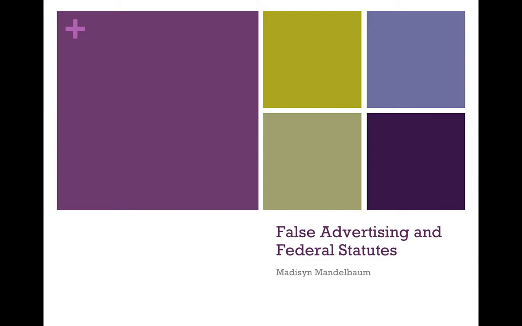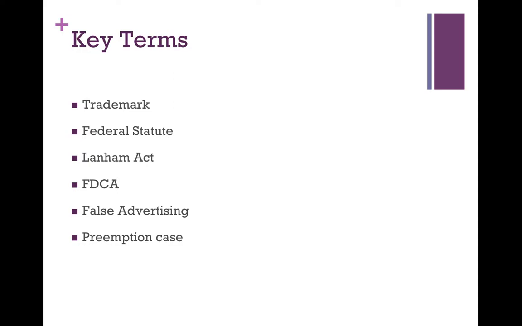Today I'll be covering false advertising and federal statutes. So just to jumpstart with some key terms, some of these will be a review, some might be new, depending on the cases we have covered. The book covered trademark, but just as a reminder, a trademark is protection for words, names, or symbols of various different types that are associated with intellectual property.